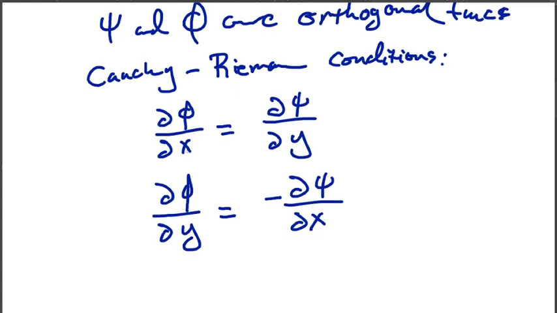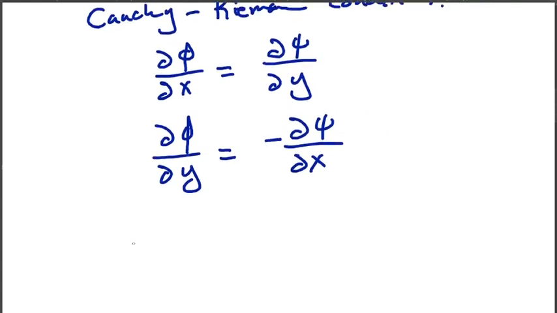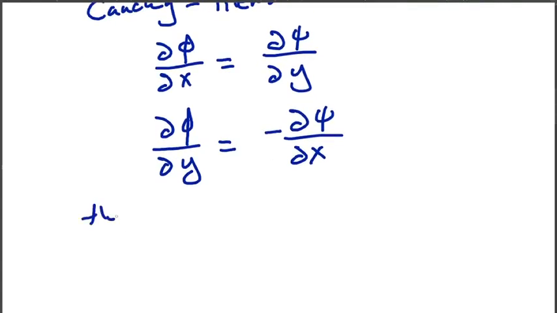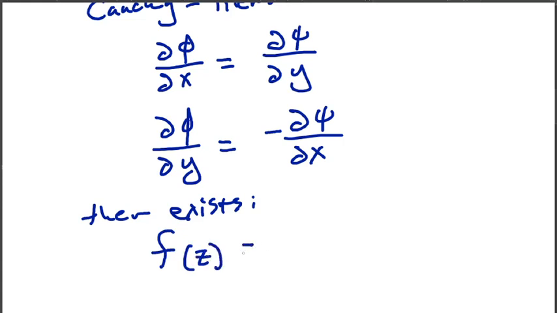And we also know that these tell you that there exists a complex function, some function of complex variable z, which is itself equal to phi plus i times psi, where phi makes up the real part and psi makes up the imaginary part.